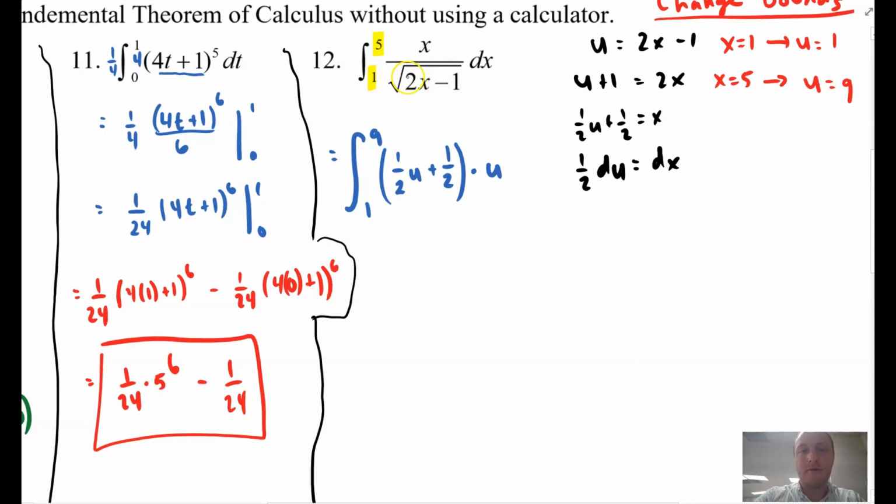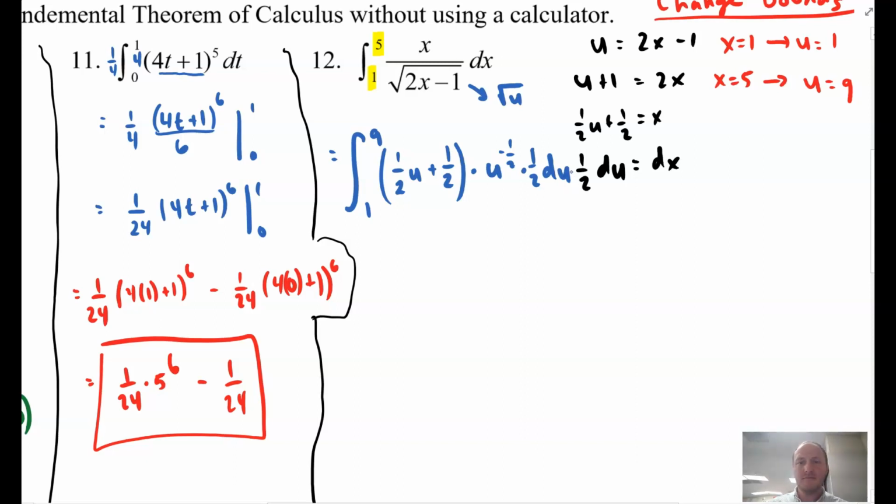This would be the square root right here, square root of u, and it's in the denominator, so I'm going to make it to the negative 1/2 power. Okay, times, and then I have dx. So dx is again 1/2 du.